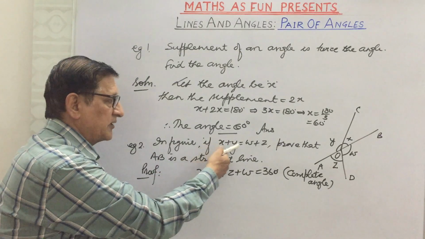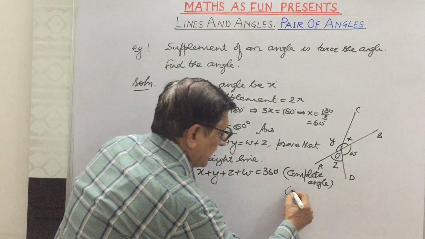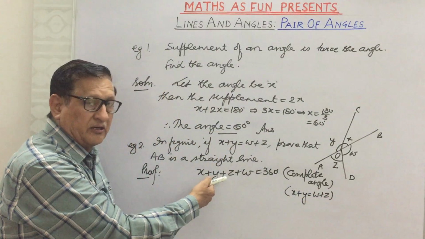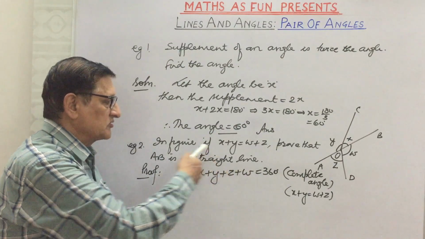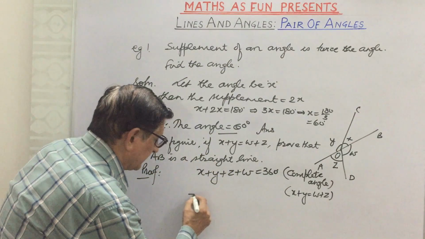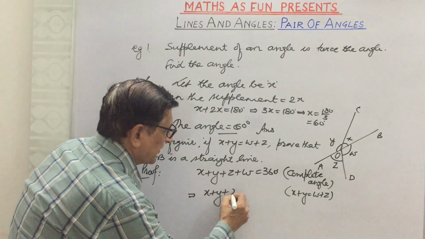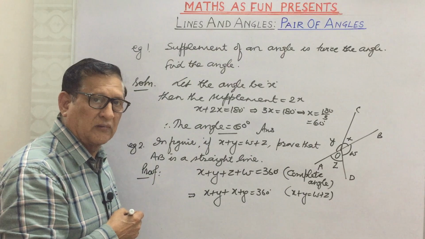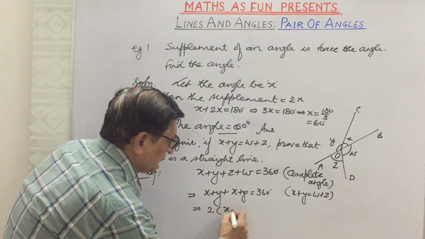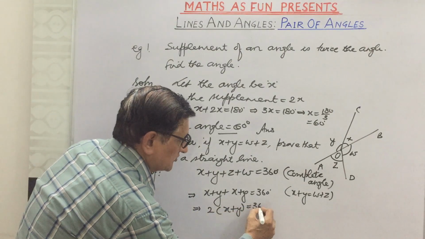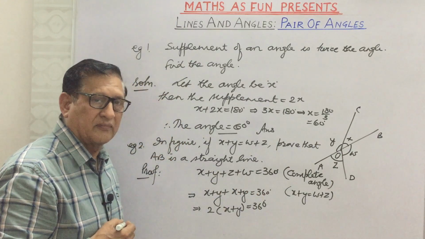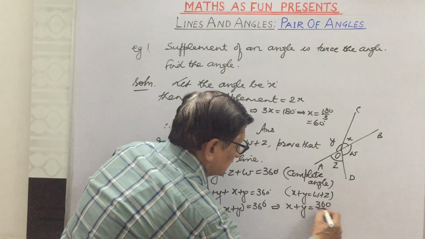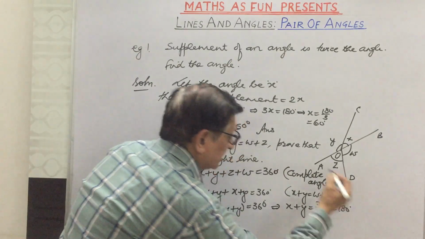Now we have been given that x plus y is equal to w plus z. So can we write here x plus y in place of w plus z? So we get here x plus y plus x plus y is equal to 360 degrees. Or we can say twice of x plus y is equal to 360 degrees. And hence we can say that x plus y is equal to 360 upon 2, that is 180 degrees.